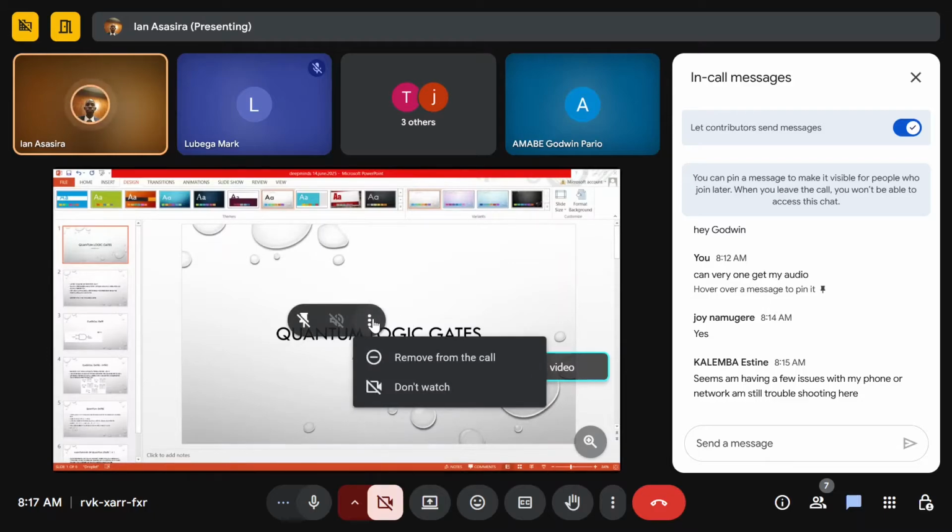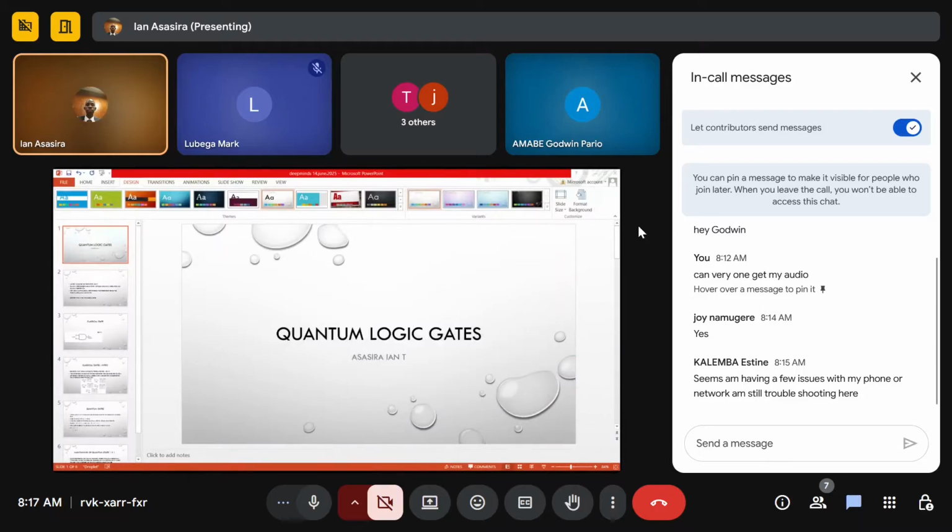Last time we did discrete math, and you remember these truth tables. They also represent logic gates. There are very many types of logic gates: NOT, AND, OR, NOR.